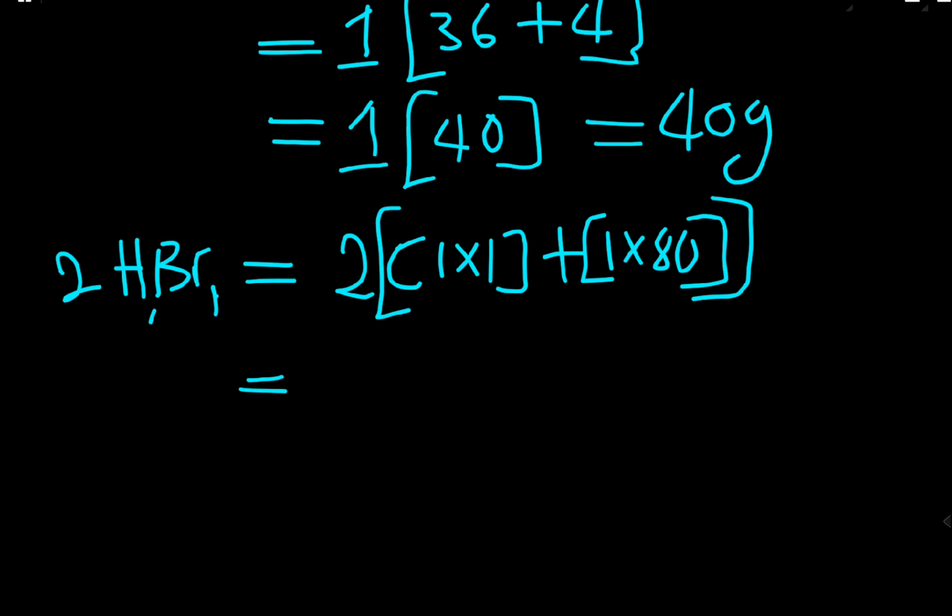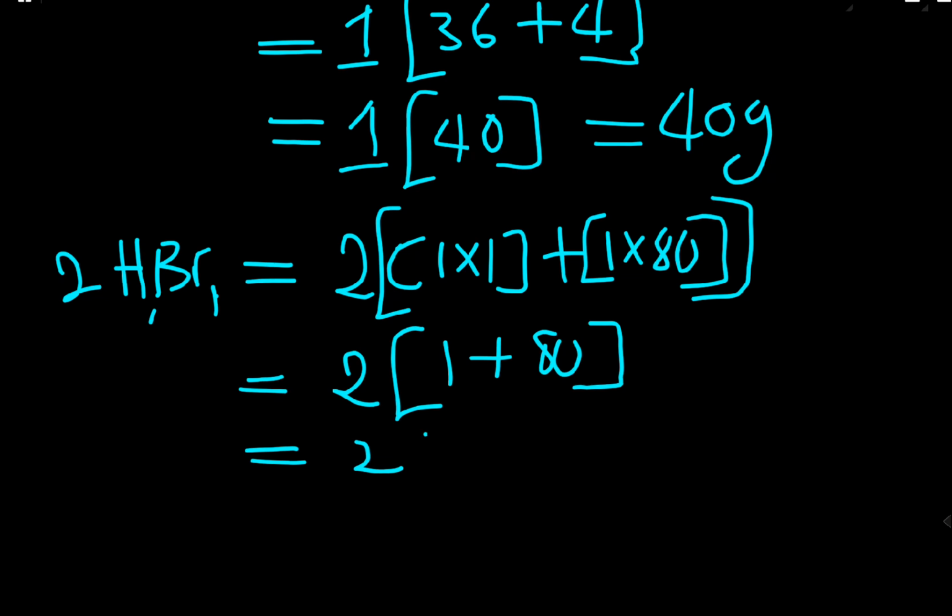In brackets, this will give us 2 times 1 times 1 is 1 plus 1 times 80 is 80. Close bracket. This would give us 2 times 80 plus 1 is 81. So 2 times 81 would give us 162 grams.